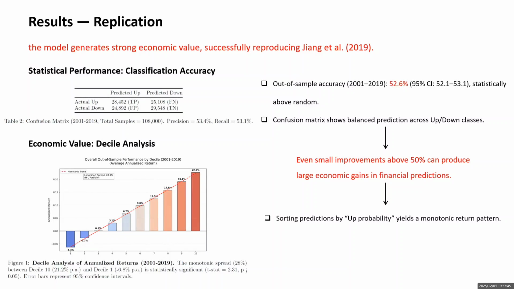Sorting the predictions by the network's up probability produces a monotonic decile return pattern.